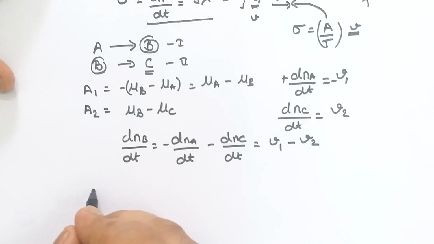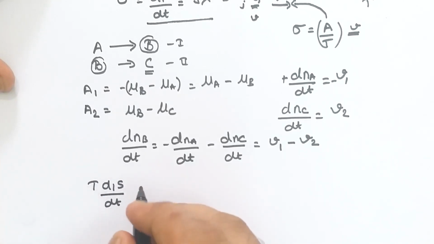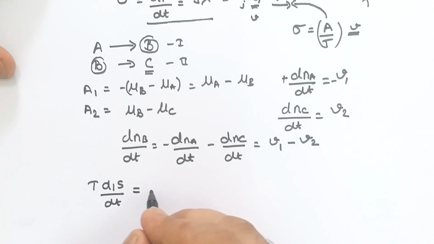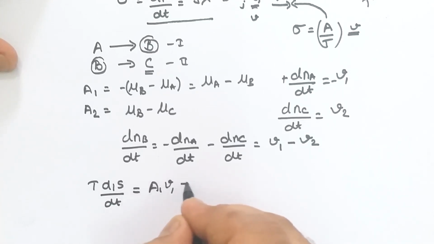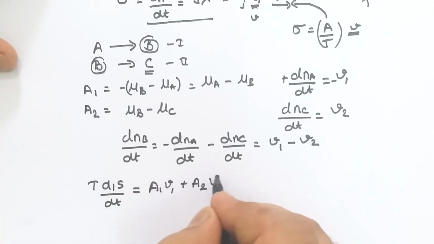So hence the rate of entropy production, that is T into dS upon dt, we can write as A1 nu1 plus A2 nu2.